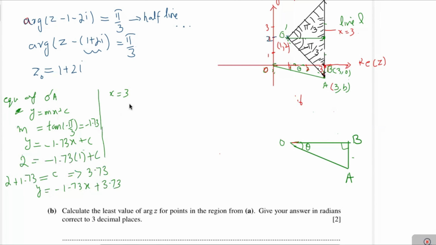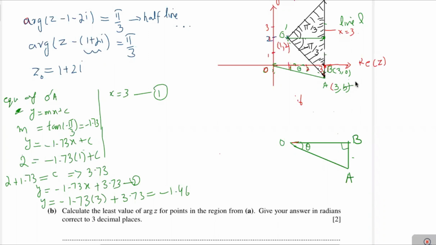Now we solve these two equations 1 and 2 simultaneously. Now we put the value x here, we get y equal to minus 1.73 into 3 plus 3.73, that value is equal to minus 1.46.